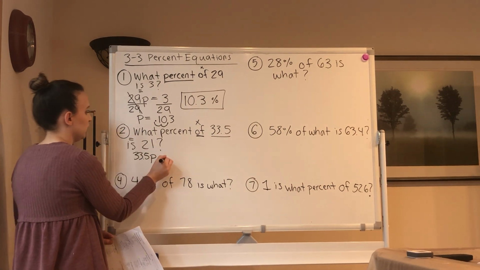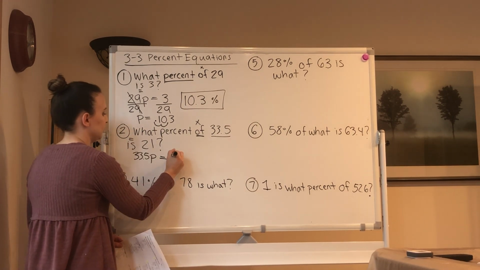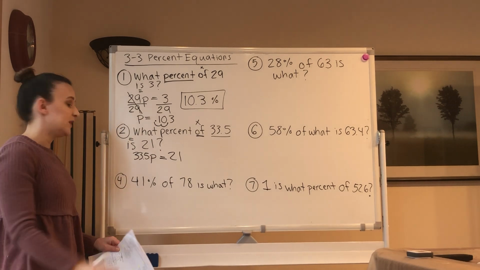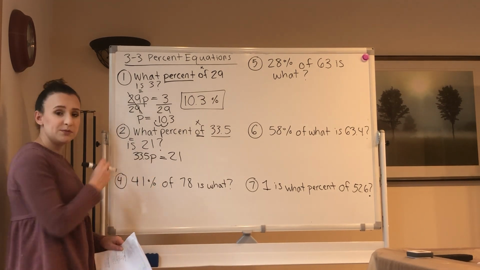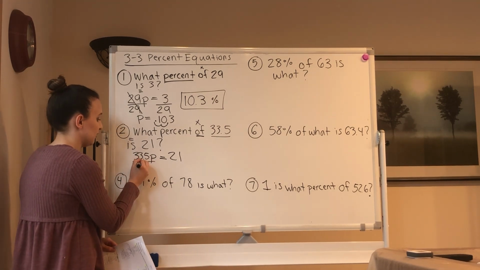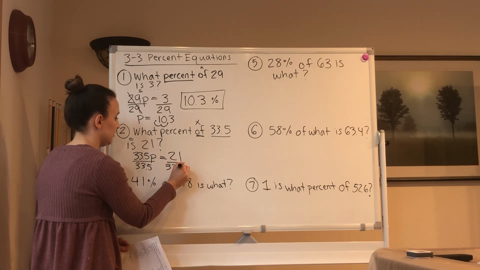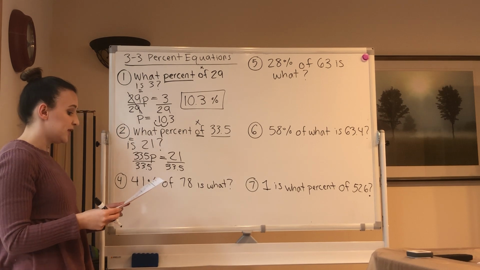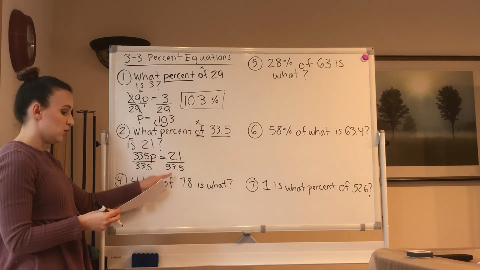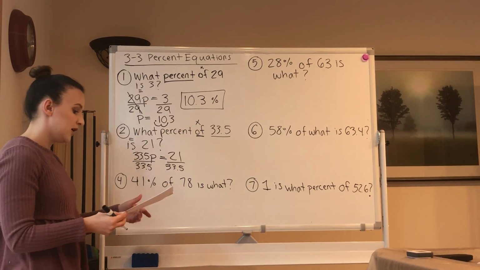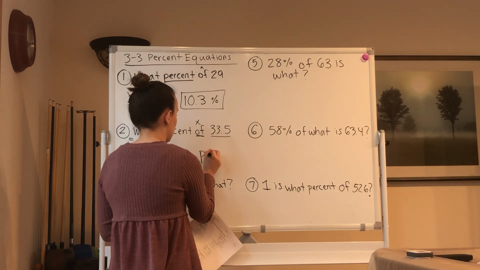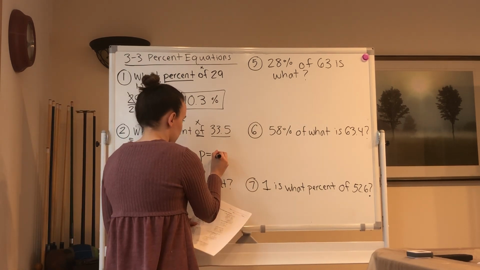Is means equals 21. This says 33.5 times P, so to isolate our variable, we'll divide by 33.5 on both sides of the equation. And when you do 21 divided by 33.5 in the calculator, you will get P equals 0.627.